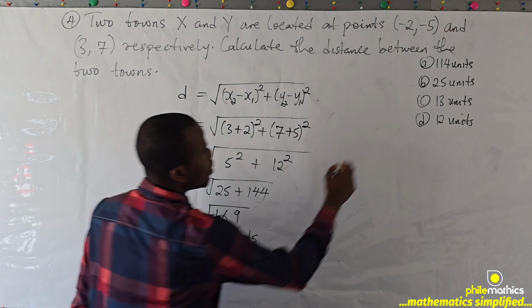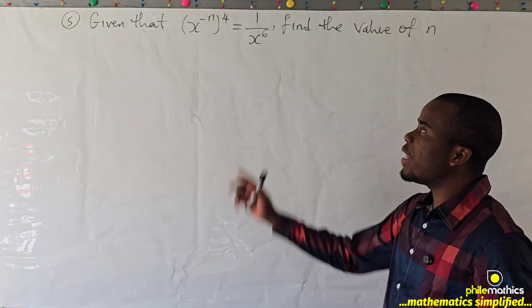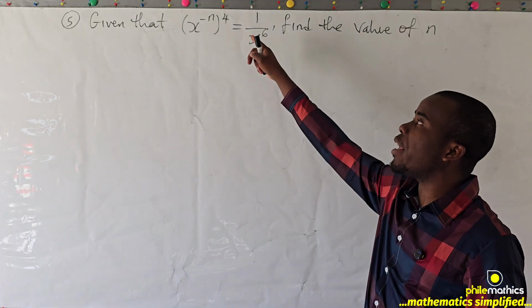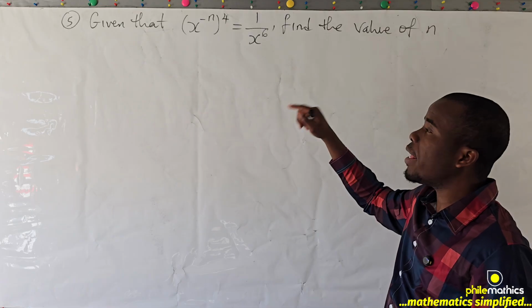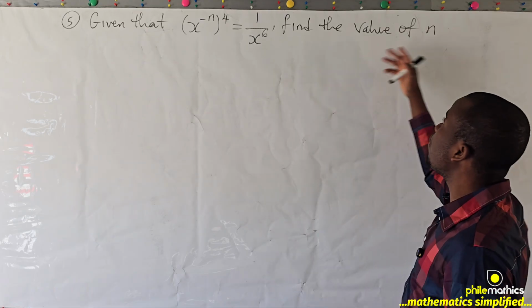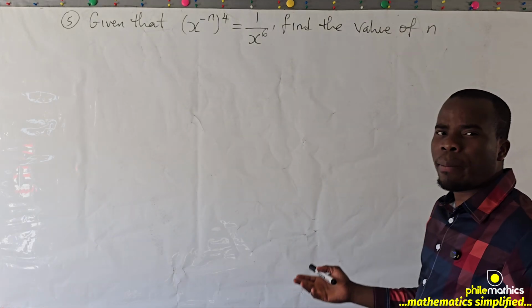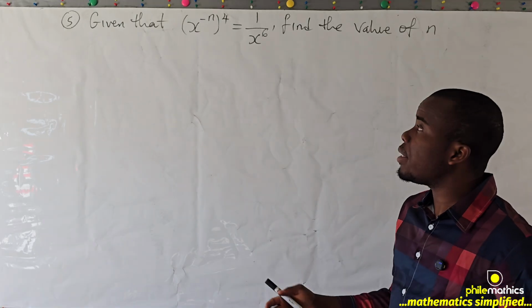which is C. Given that s to the power minus n, to the power 4, equals 1 over s to the power 6, find the value of n. We simply apply the laws of indices here.